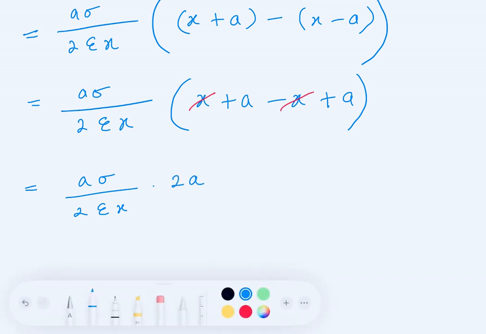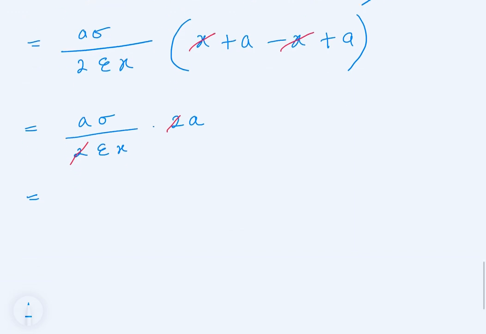Obviously the 2's will cancel, and we now have that this is equal to a squared, because a times a gives us a squared, multiplied by sigma over epsilon x, which proves the result, which proves that the integral for e is indeed equal to a squared sigma over epsilon x.